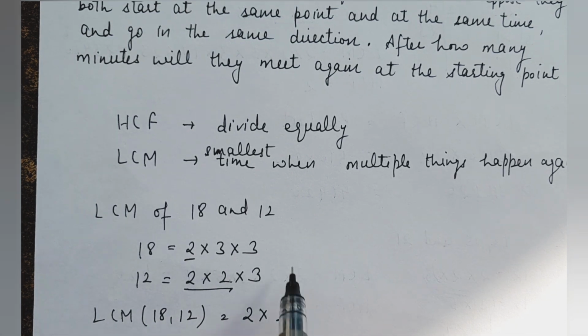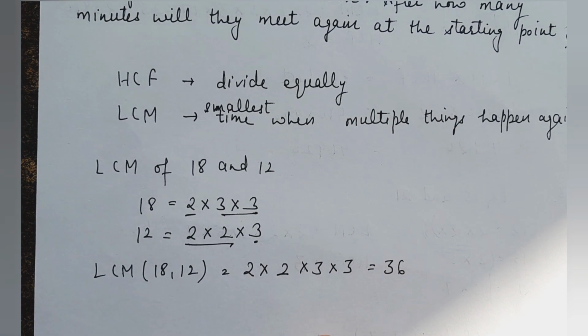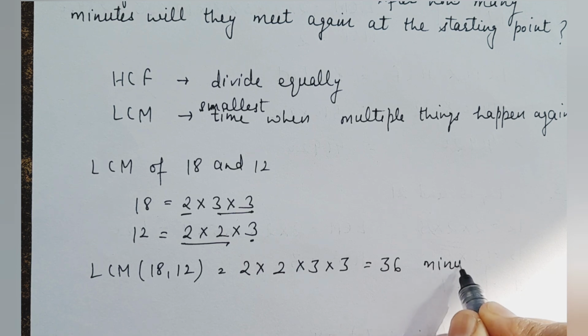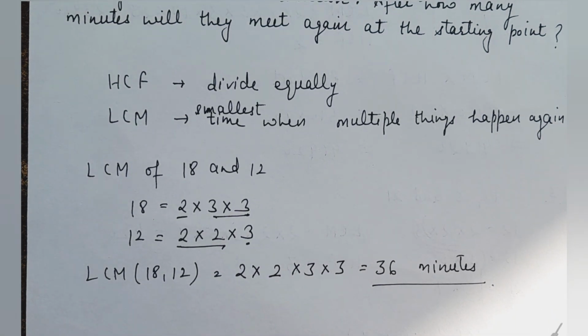Similarly 3 is occurring 2 times here and only 1 time here, so we will take it twice. 2 2s are 4, 3s are 12, 3s are 36. That means after 36 minutes they will meet again. That is the answer of the question.